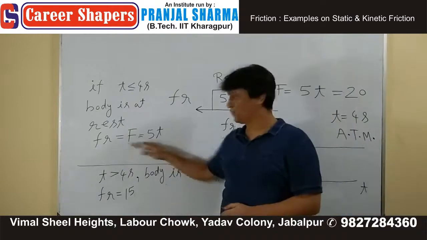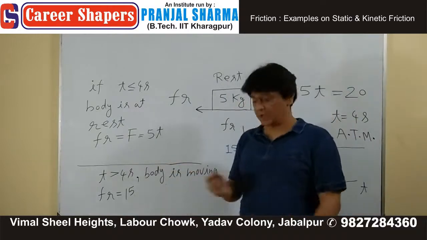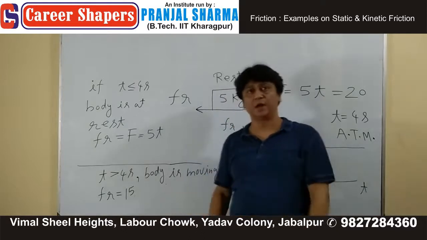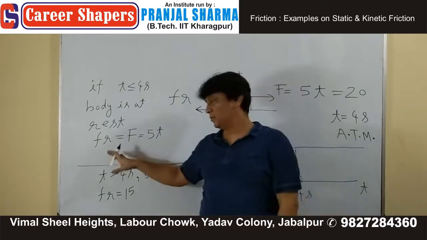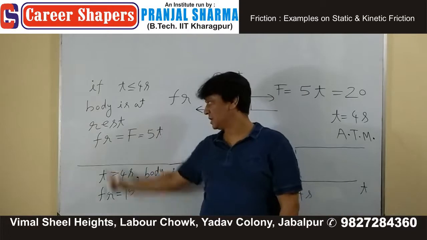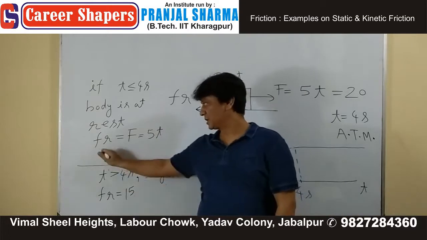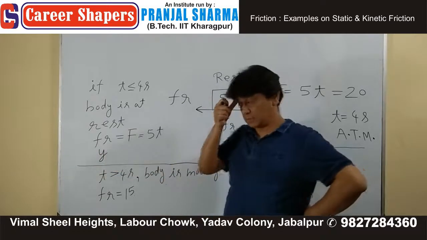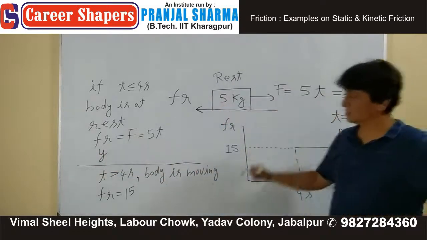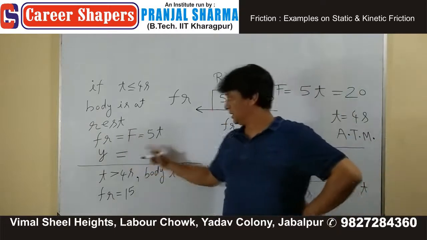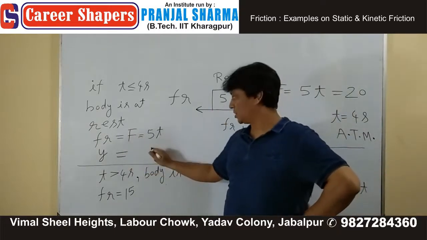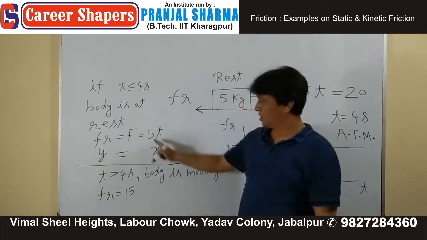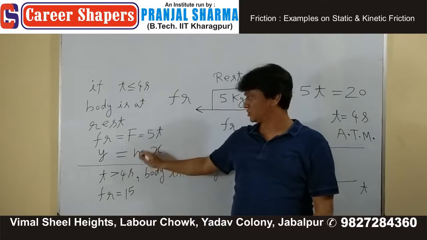This F equals 5t, ये चीज क्या है? अभी उन लोगों के लिए जिन्होंने कोऑर्डिनेट ज्योमेट्री का पोर्शन किया हुआ है मेरे साथ, Fr इसको हमने कहां प्लॉट किया हुआ है? Y एक्सिस. T इसको हमने कहां प्लॉट किया हुआ है? X एक्सिस. 5 as a constant is what?